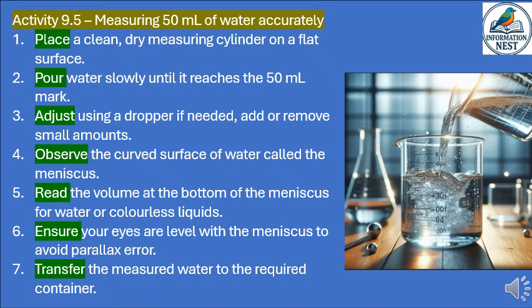Read from the bottom of the smile, not the top, not the side. Step 6. Make sure your eyes are level with the meniscus. Looking from above or below causes parallax error, a fancy word for oops, wrong reading. Final step. Once you have nailed the 50 ml, transfer the water to the container. Mission accomplished.